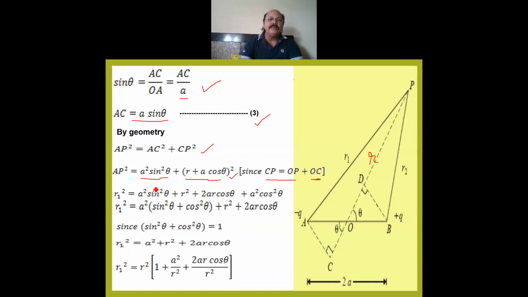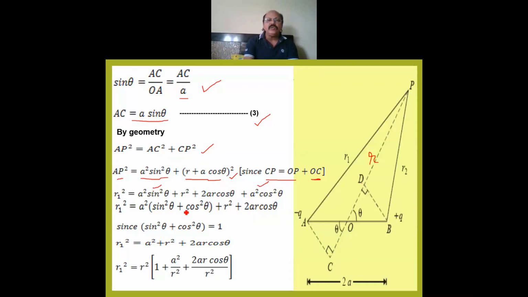Then you open it, and in place of AP square, you substitute r1 square. Then r1 square equals a square sin square theta plus, opening this expression, r square plus 2ar cos theta plus a square cos square theta. I think everybody knows the formula for a plus b whole square, the same formula that we have applied here. Now you see this term and this term.